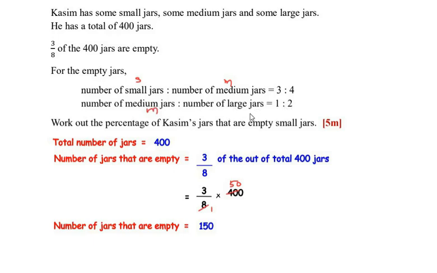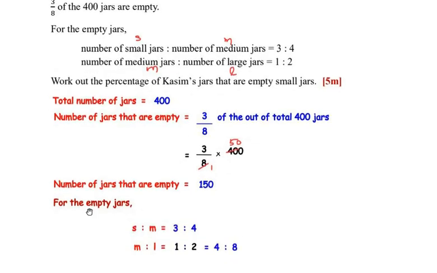So for large jars, let us consider L. So for the empty jars, S is to M is 3:4, and M is to L is 1:2.